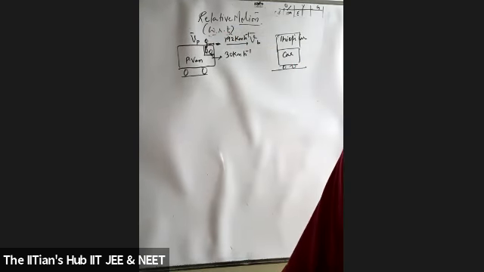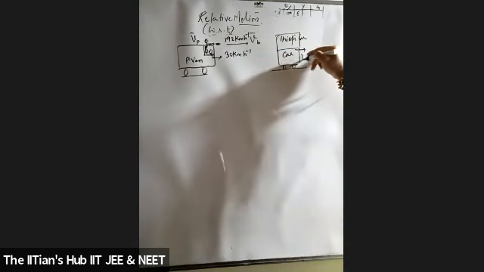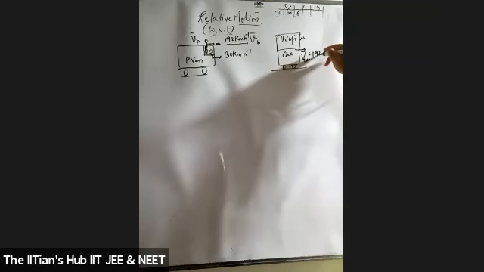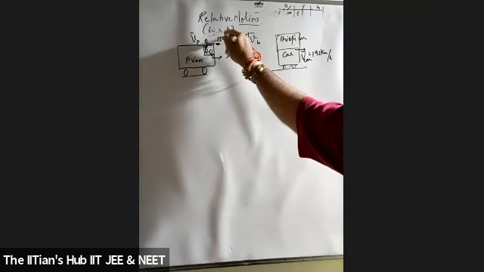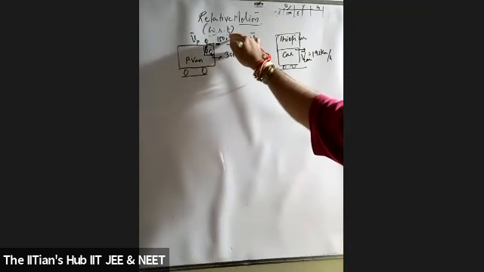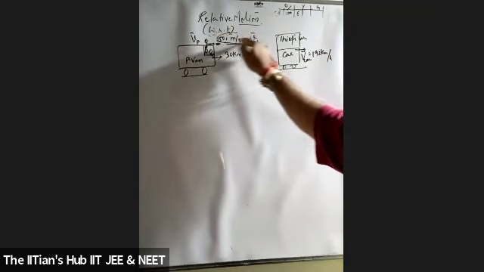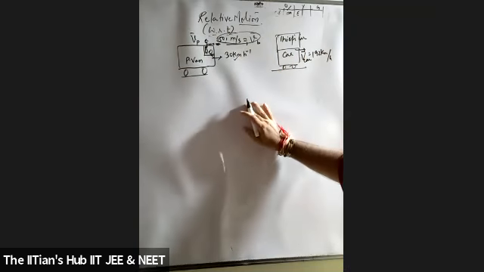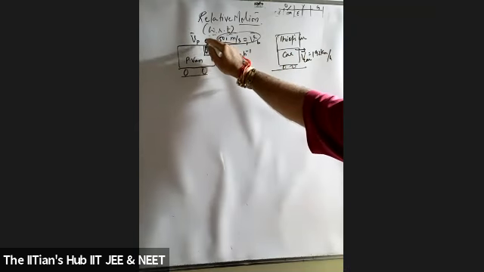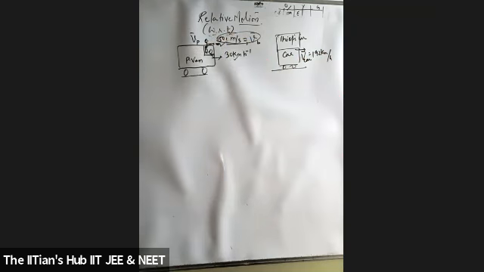The muzzle velocity of the bullet, students, is given to you as 150 meters per second. So the police van is going with 30 kilometers per hour, the policeman fires a bullet at 150 meters per second, and the thief's car is running on the same straight path at 192 kilometers per hour.